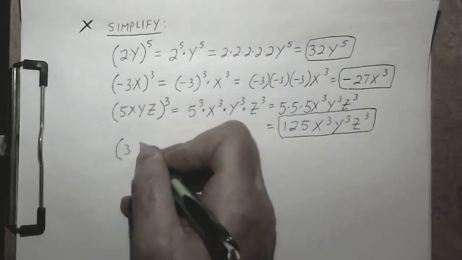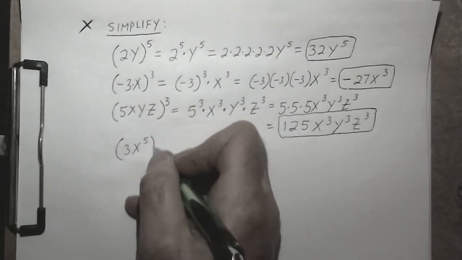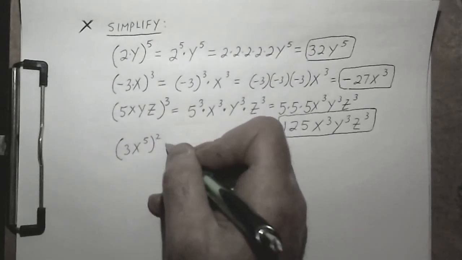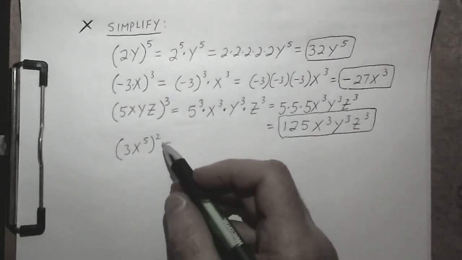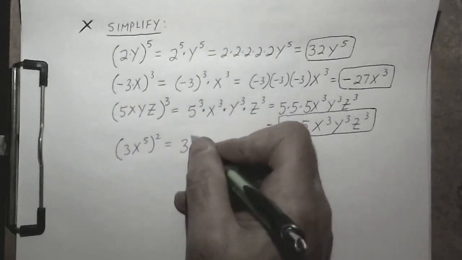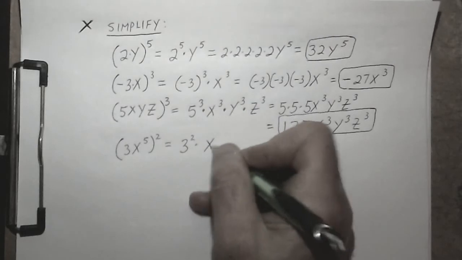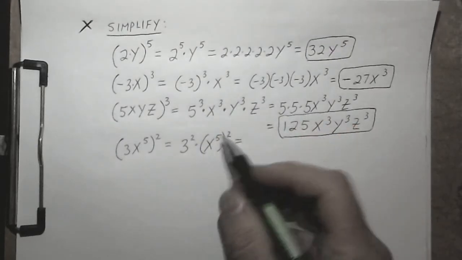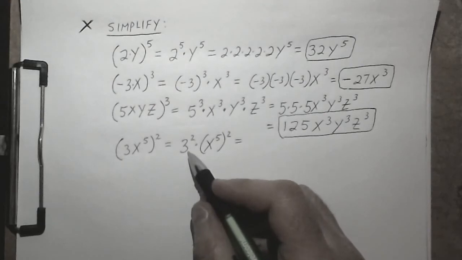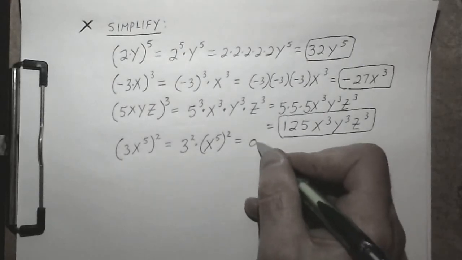Now we're going to take 3x to the fifth power and raise this to the second power. Everything inside the parentheses must be squared, so therefore 3 must be squared times x to the fifth must also be squared. Now 3 squared is to say 3 times 3, which would be 9.